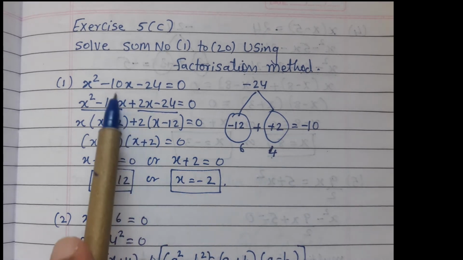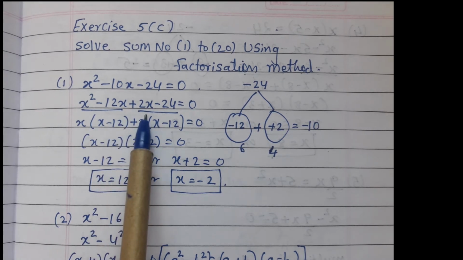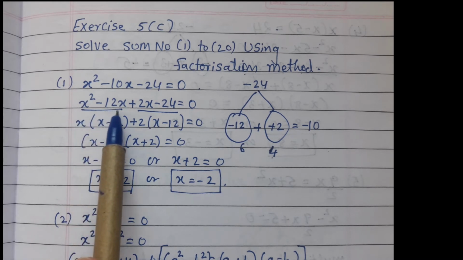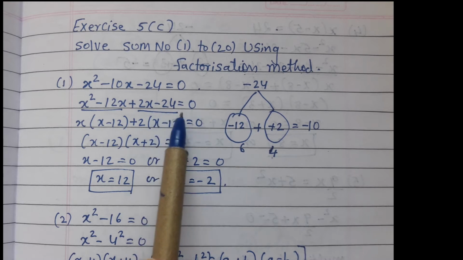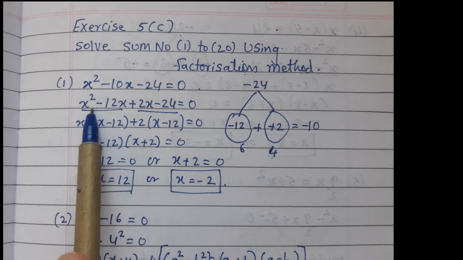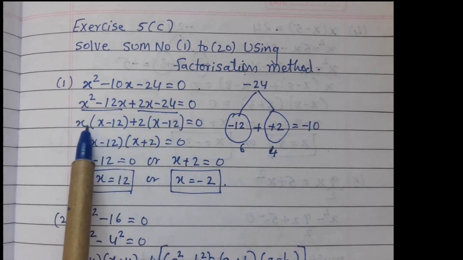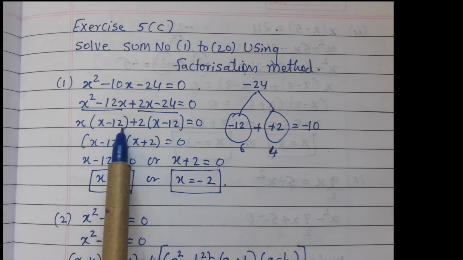Okay. So instead of minus 10, we will write minus 12x plus 2x. So what we got? x square minus 12x plus 2x minus 24 is equals to 0. Now pair first two terms and last two terms. What is common? x. What is remaining? x minus 12.